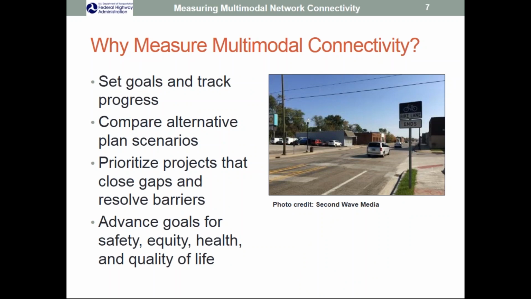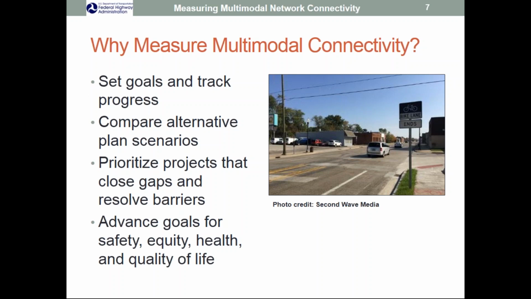What's the point? Why do we do this? It really comes down to allowing us to take a look at where we are now in terms of the level of connectivity of our bicycle and pedestrian networks so that we can figure out where we need to go. So particularly when we're looking at connectivity, what you see is places that are well connected and places where we have gaps of some sort. They might be physical gaps, they might be comfortability gaps, they might be convenience gaps.